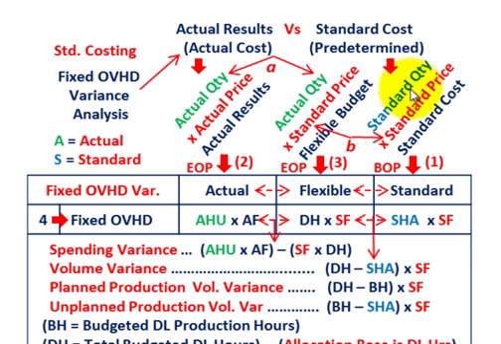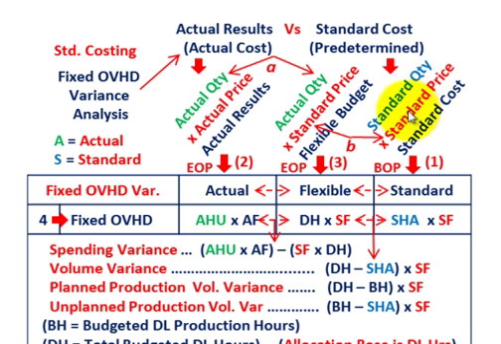Overhead quantities and prices here are based on direct labor hours, the total number of direct labor hours for our product, which we use as our allocation base. So for our standard cost, we have some standard quantity of fixed overhead times the standard price that we established for that fixed overhead.